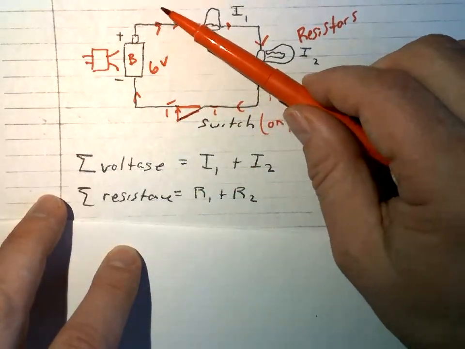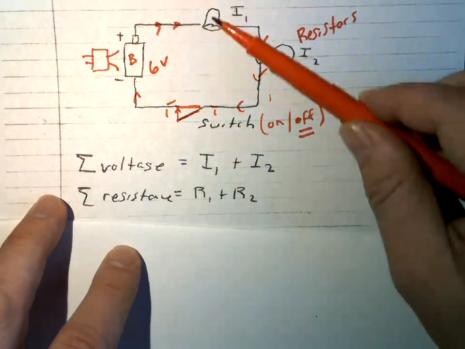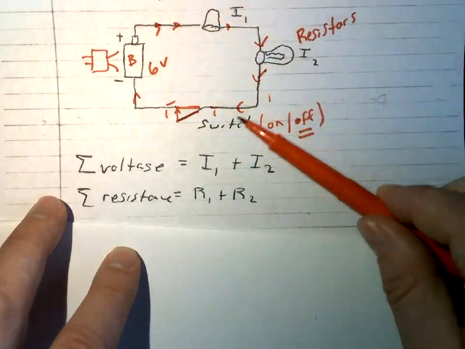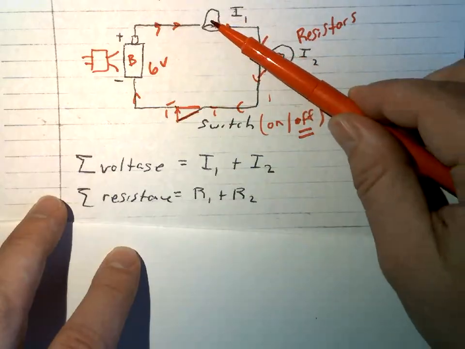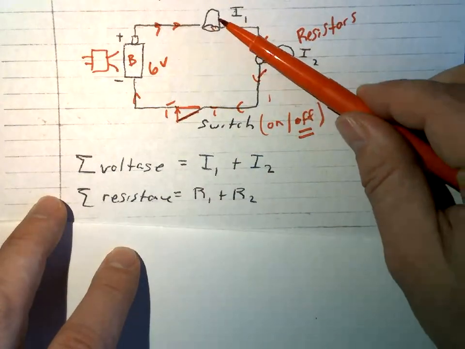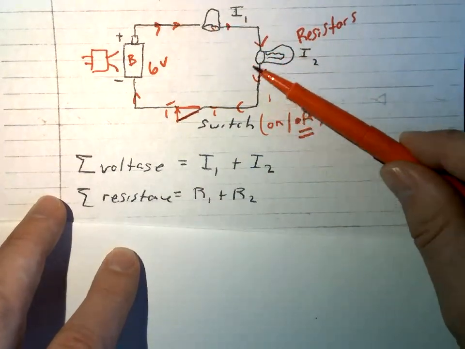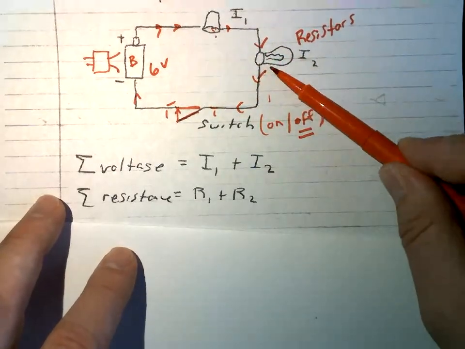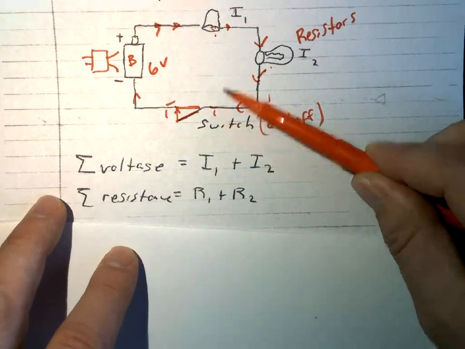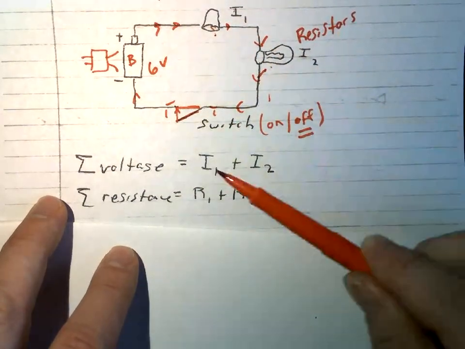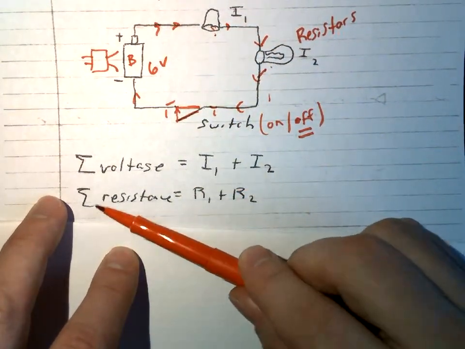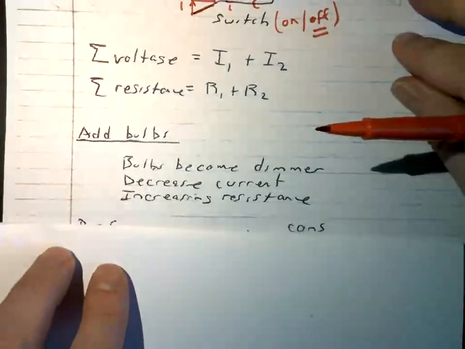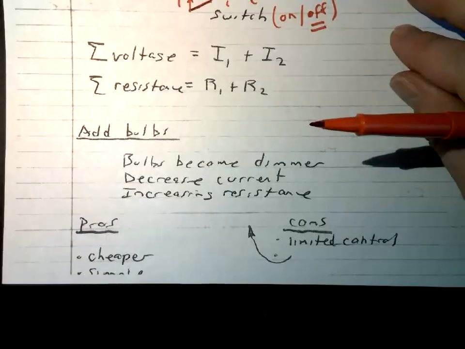But think about this: since this is single, you just add this plus this and that gives you the total. If you add up three resistors or three light bulbs, you take this plus this plus this, and the more you have, the more you add. That's what this means. This is that sigma notation we talked about.